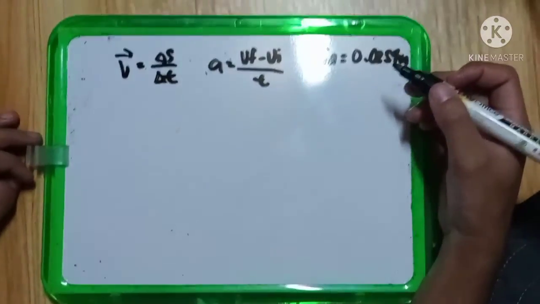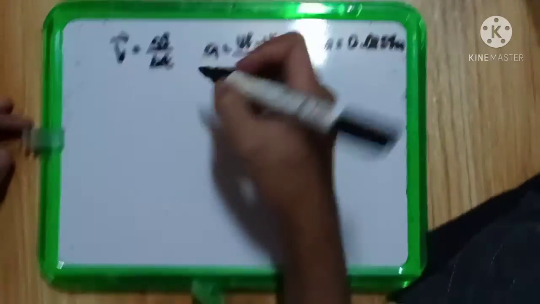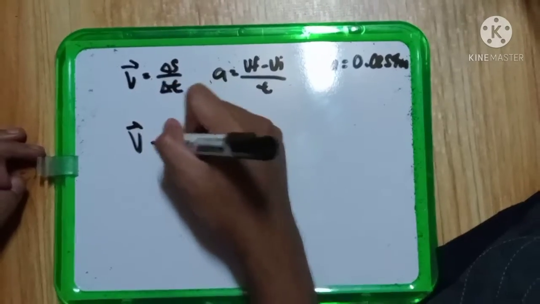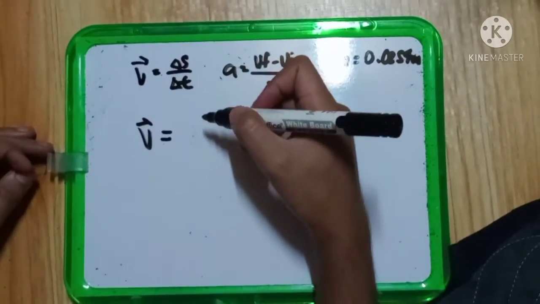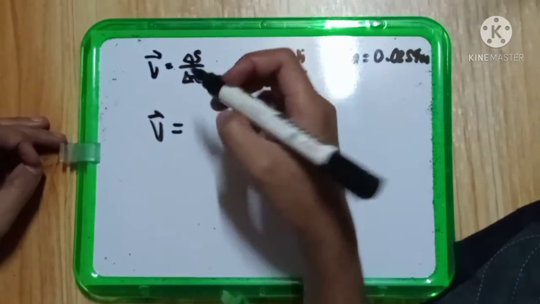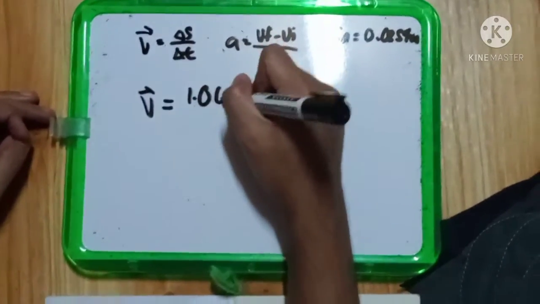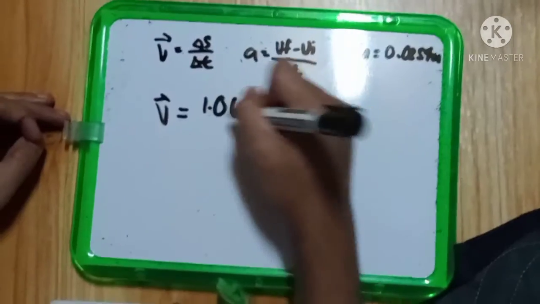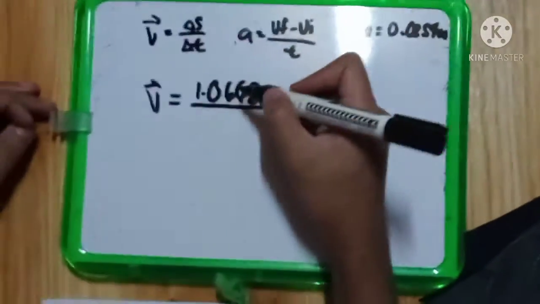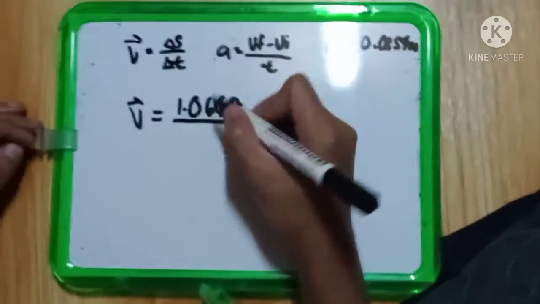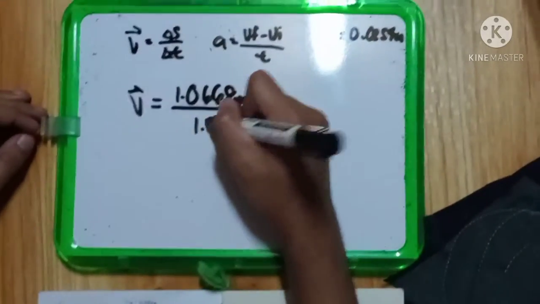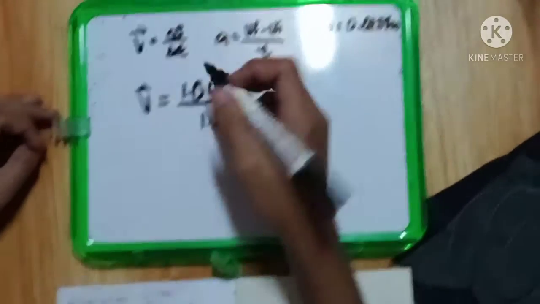Now let's get the acceleration for the seventh strip. So velocity is equal to displacement, which is 42 inches. Now let's convert it into meters. We will have 1.0668 meter divided by the change of time or the average time we got a while ago, which is 1.57 seconds.